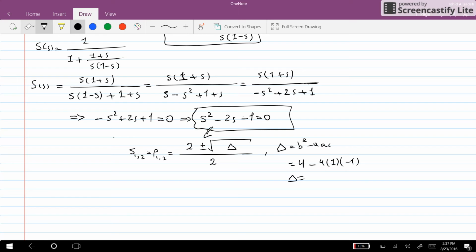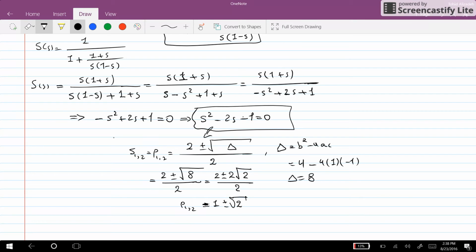So delta is equal to 4 plus 4, which is 8. So here we will have 2 plus minus square root of 8 over 2, which will result in 2 plus minus 2 square root of 2 over 2, and is 1 plus minus square root of 2.